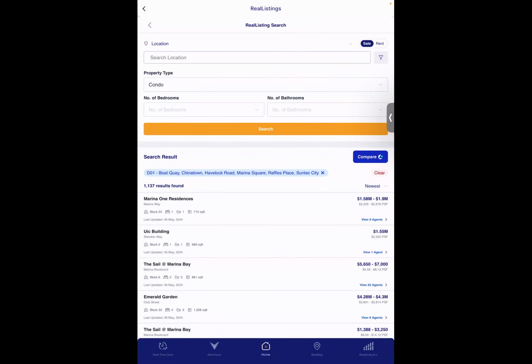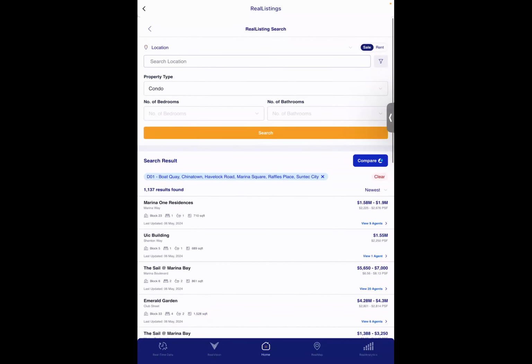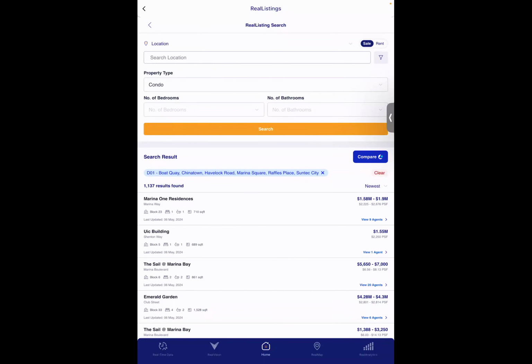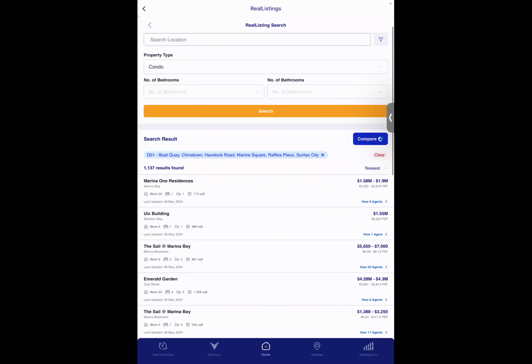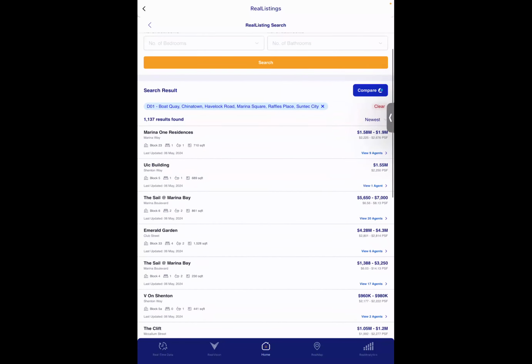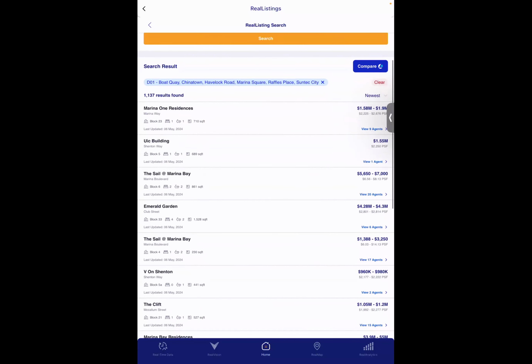Okay, but yeah, because I put in for sale and for everyone, so all the listings come up. But if you only want D1, this is all the D1, district one. Correct. All this should be D1.